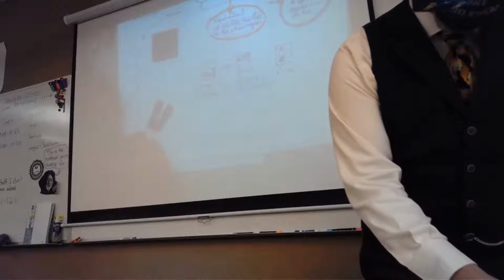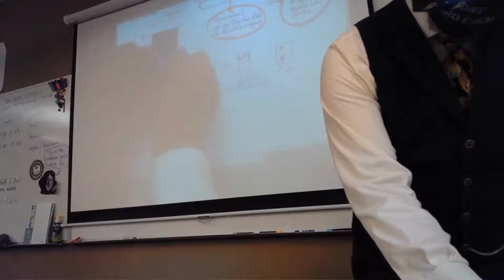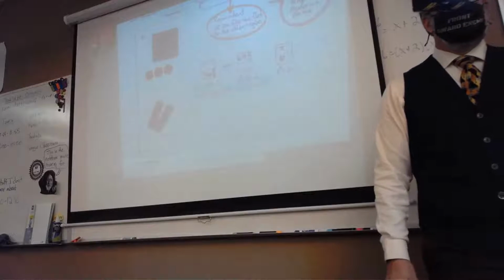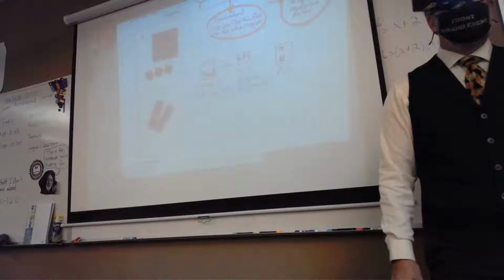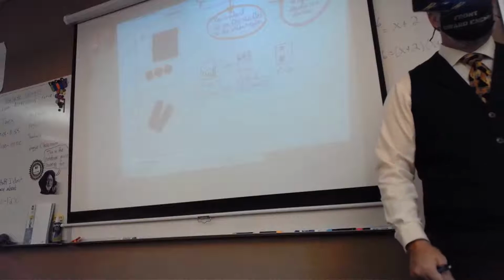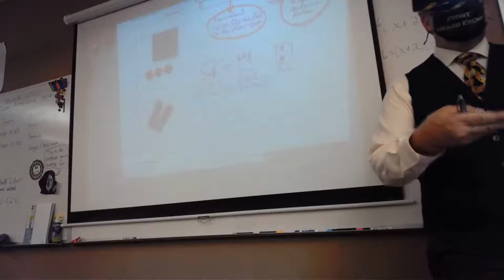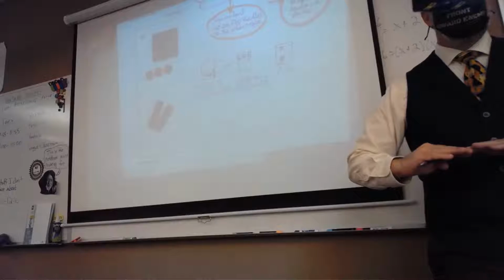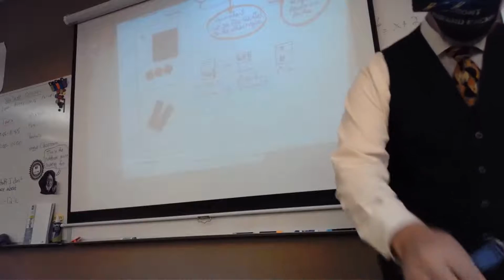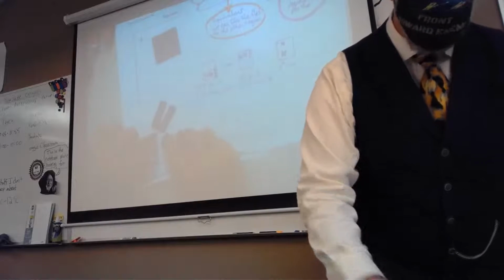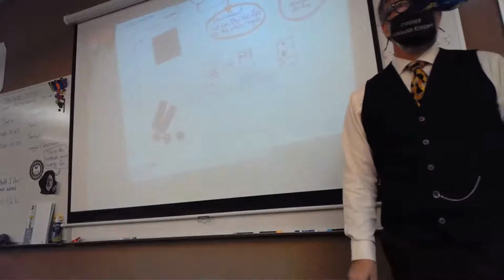Plus -3. Do you like that? You okay with writing plus -3? What happens to that if I flip them to the bottom? Guys, see the difference there? If I take these and I flip them to the bottom, I just get to write -3.